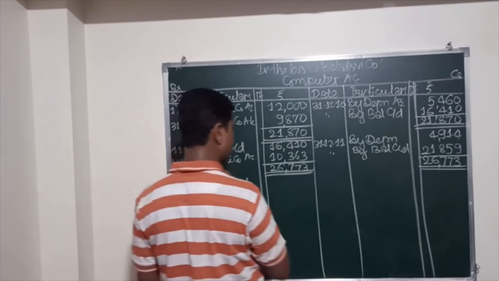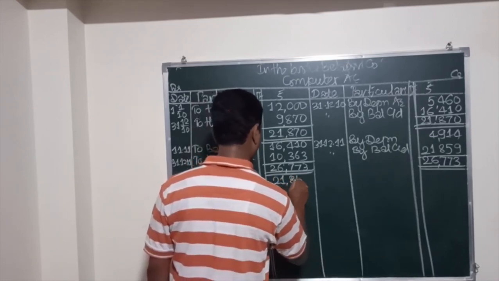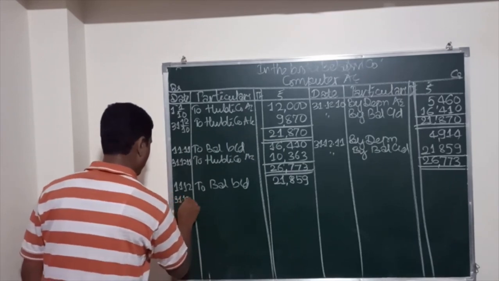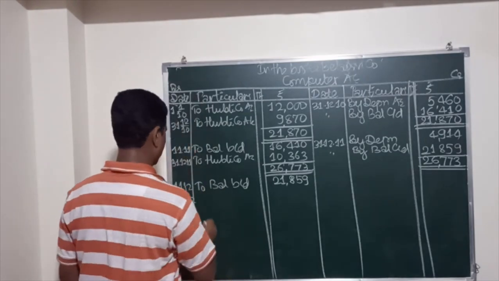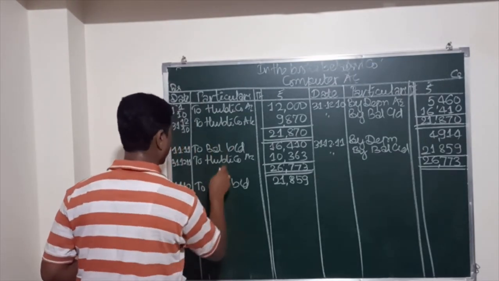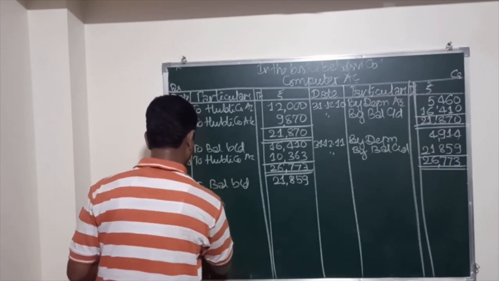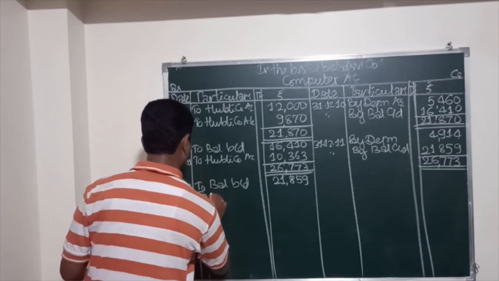So when the balance is brought down here, it is 21,859. So on 31st of 12 here, when the third installment becomes due for payment, then it will be interest account debit, computer account debit, to Hubli company.